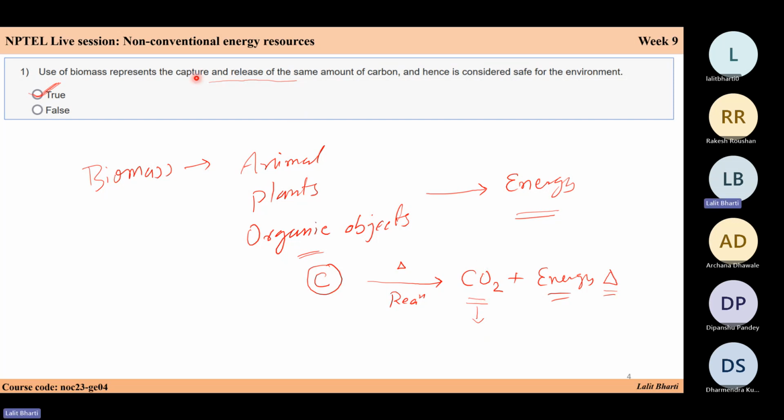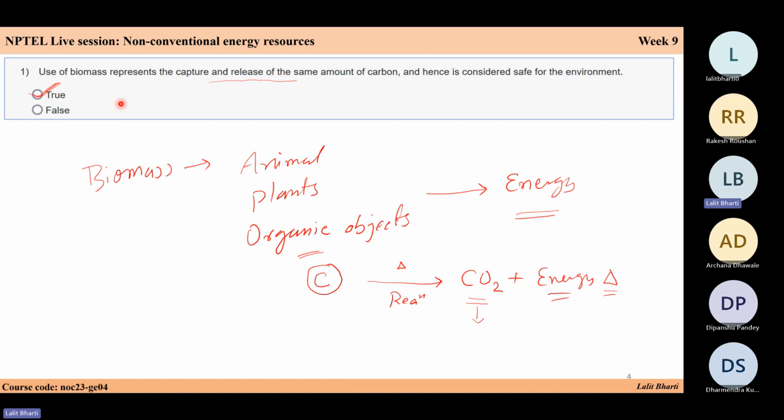But as the question says, the amount of carbon is similar before and after the reaction. If you just consider the amount of carbon, then this is purely safe to the environment, although it also has some issues of increasing CO2 levels in the environment, which are being taken care of by multiple ways and techniques. So we will consider this statement as true.